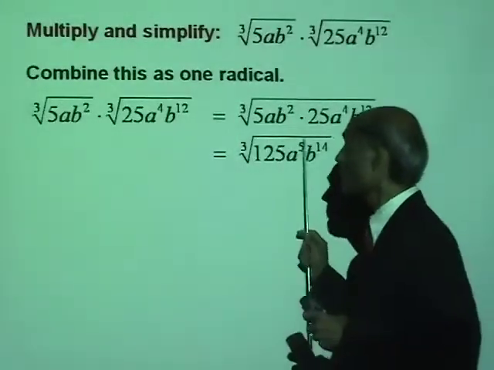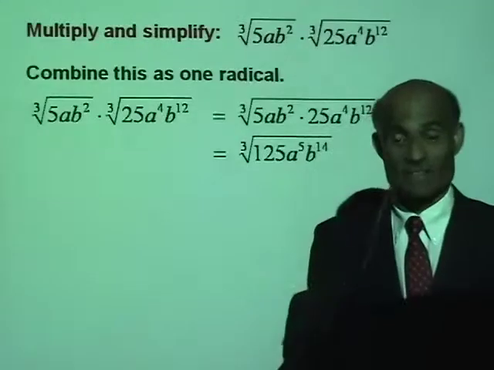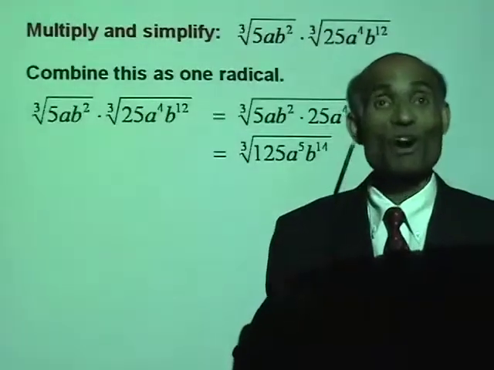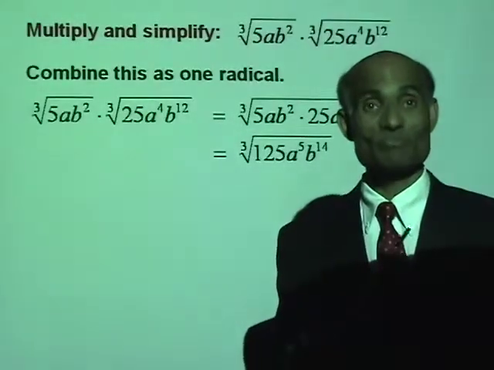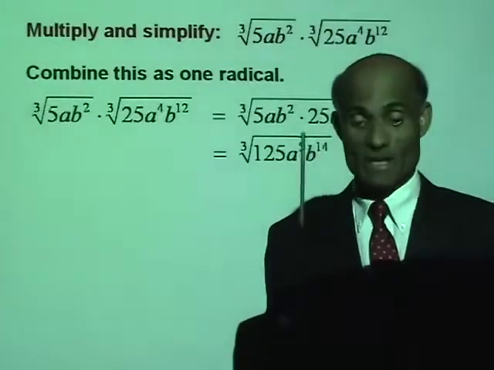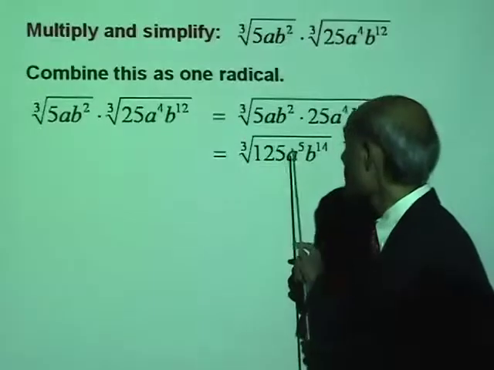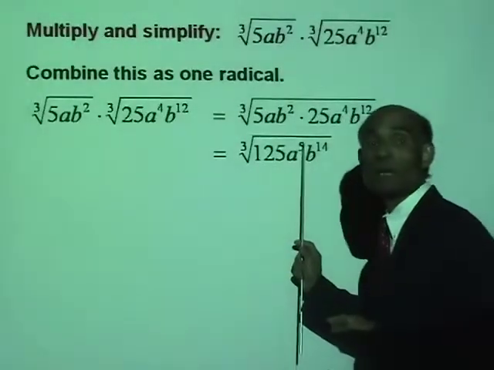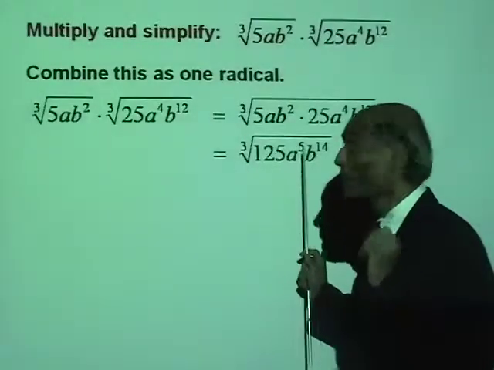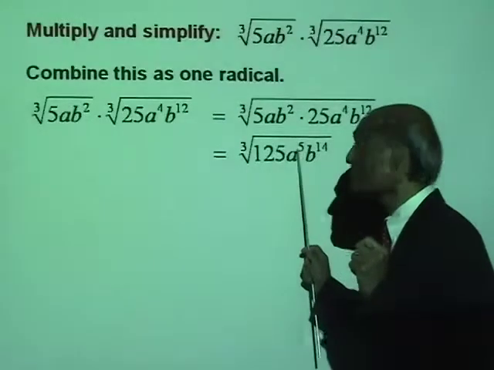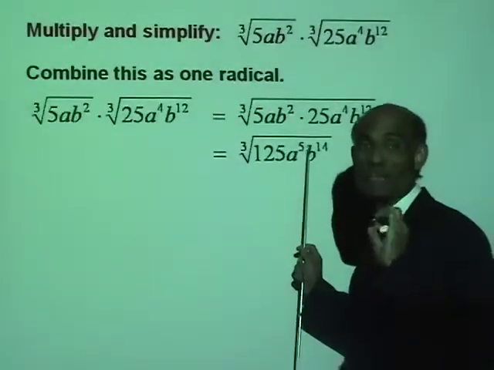A to the power of 5. Can you write that as the product of a perfect cube? If you remember, in the last lesson we did something like this. A power becomes a perfect cube when the power can be divided by 3.